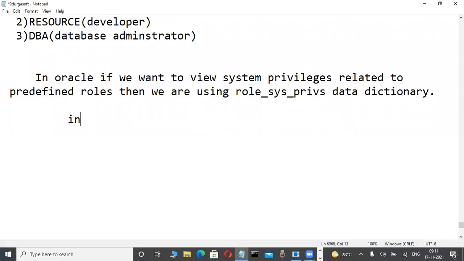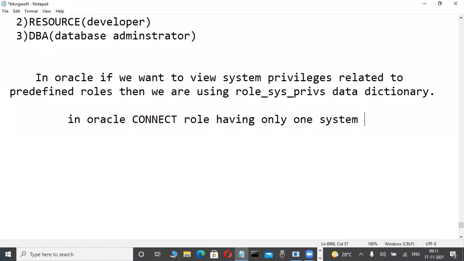In Oracle, the connect role has only one system privilege, create session.